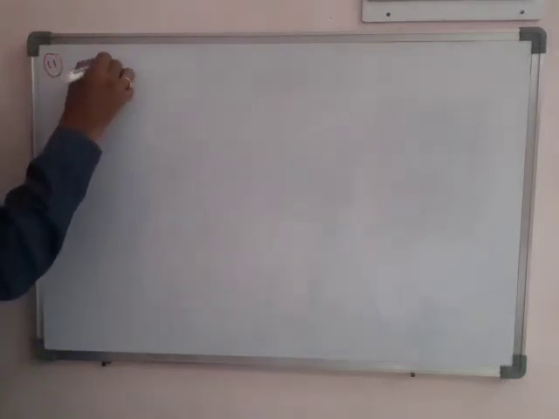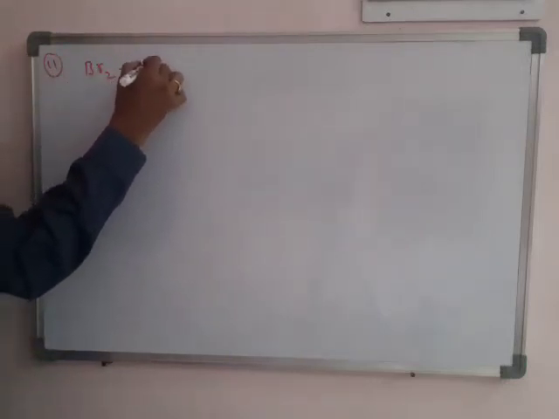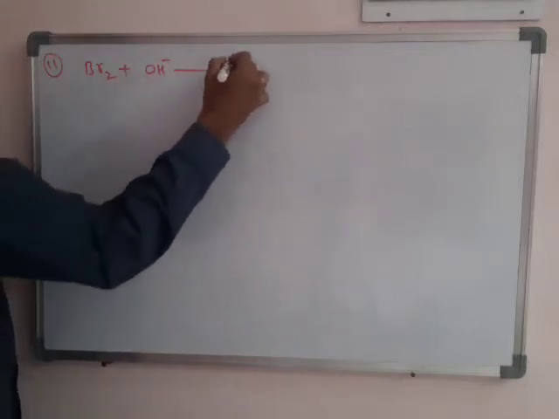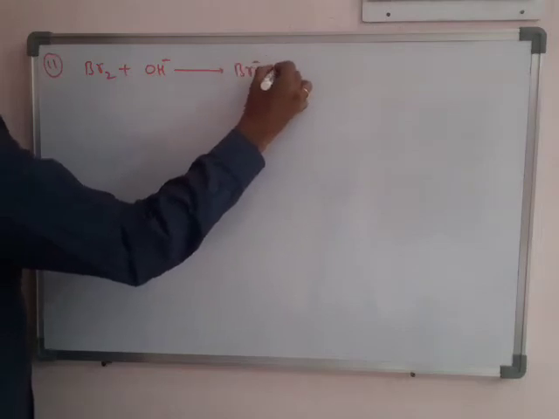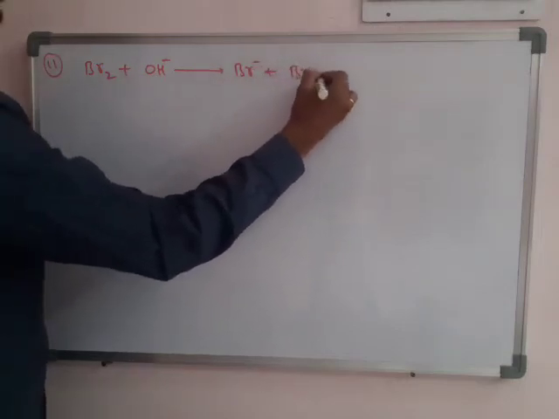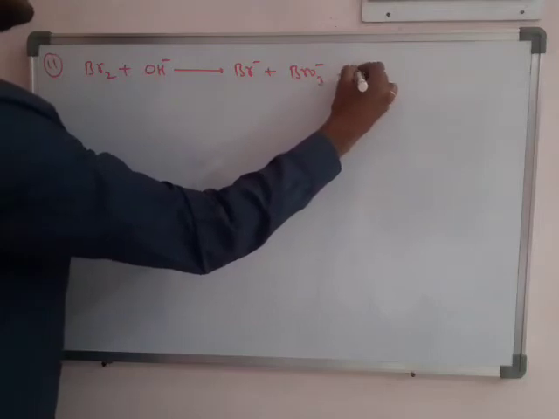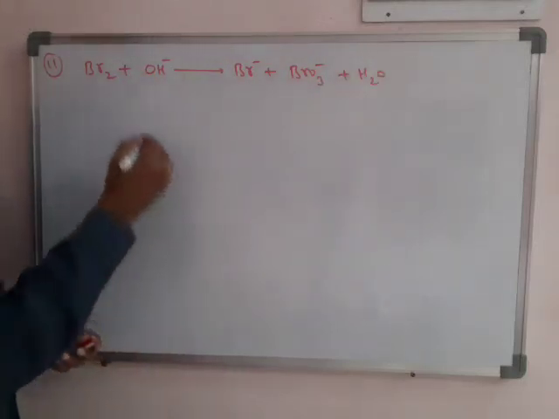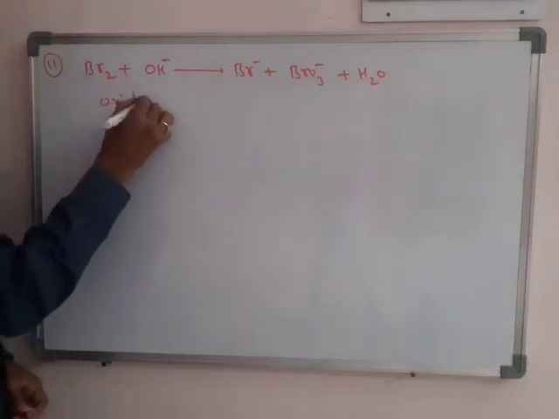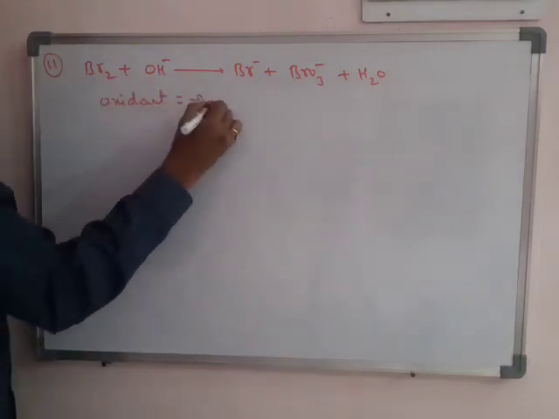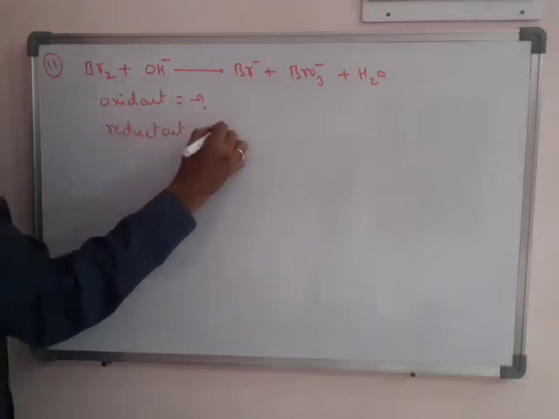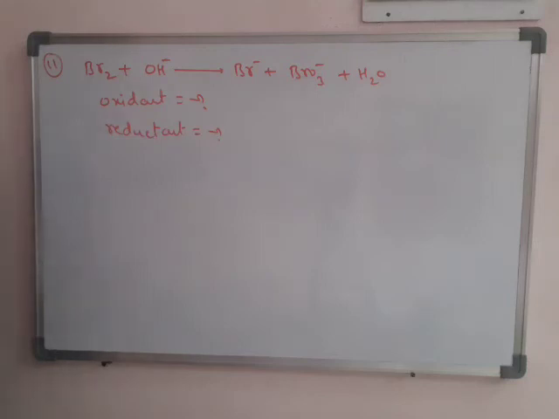So a reaction is given: Br2 plus OH minus, indicating the basic medium, forming Br minus and BrO3 minus plus H2O. We have to find the oxidant and reductant. Oxidant is what? Reductant is what? So just now we discussed.